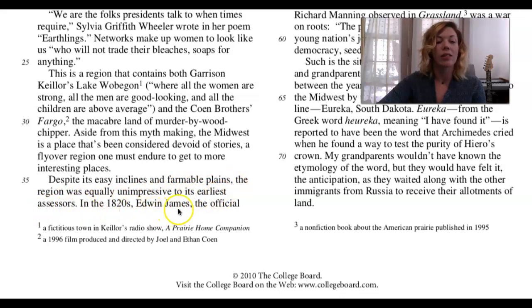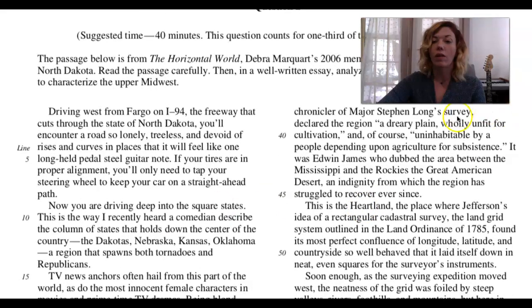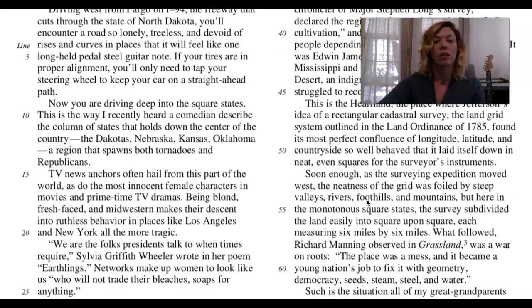In the 1820s, Edwin James, the official chronicler of Major Stephen Long's survey, declared the region a dreary plain, wholly unfit for cultivation, and of course uninhabitable by a people depending upon agriculture for subsistence. It was Edwin James who dubbed the area between the Mississippi and the Rockies the Great American Desert, an indignity from which the region has struggled to recover ever since.